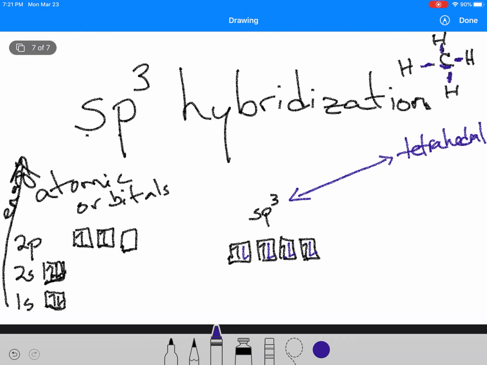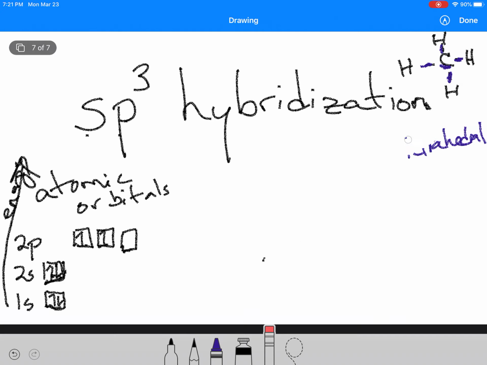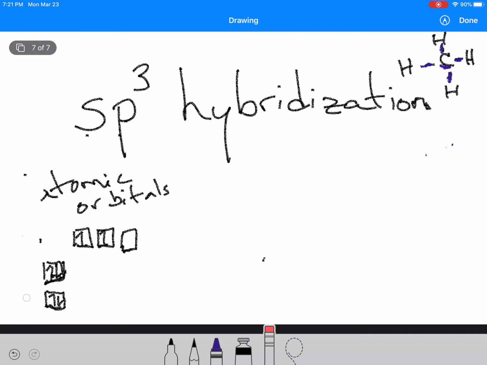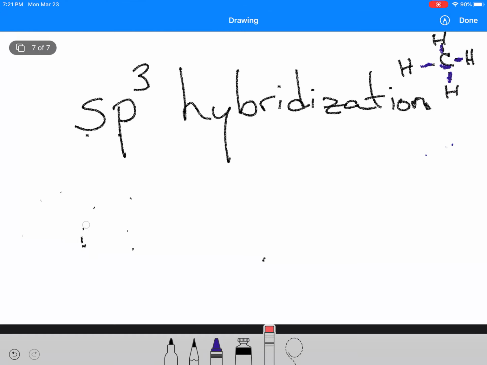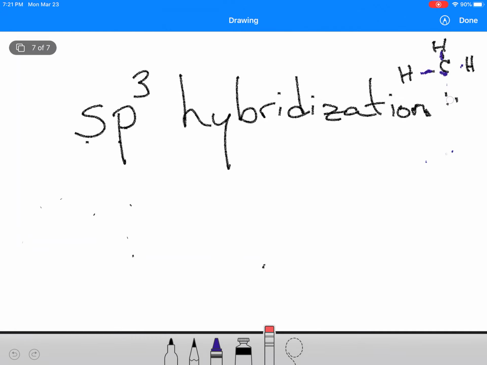Let me show you another example of things that are sp3 hybridized. This time, instead of a tetrahedral molecule, I want to talk about a molecule that is based on a tetrahedral arrangement of the electrons around the central atom.